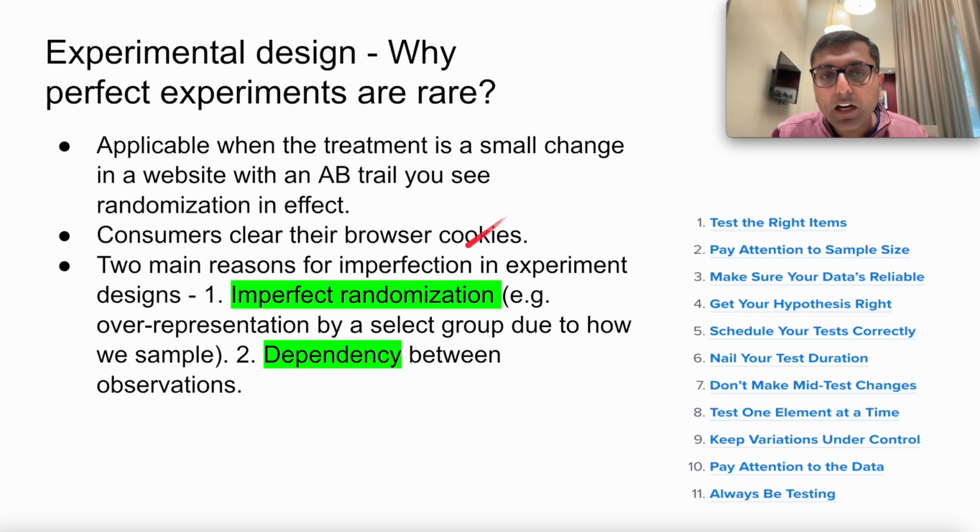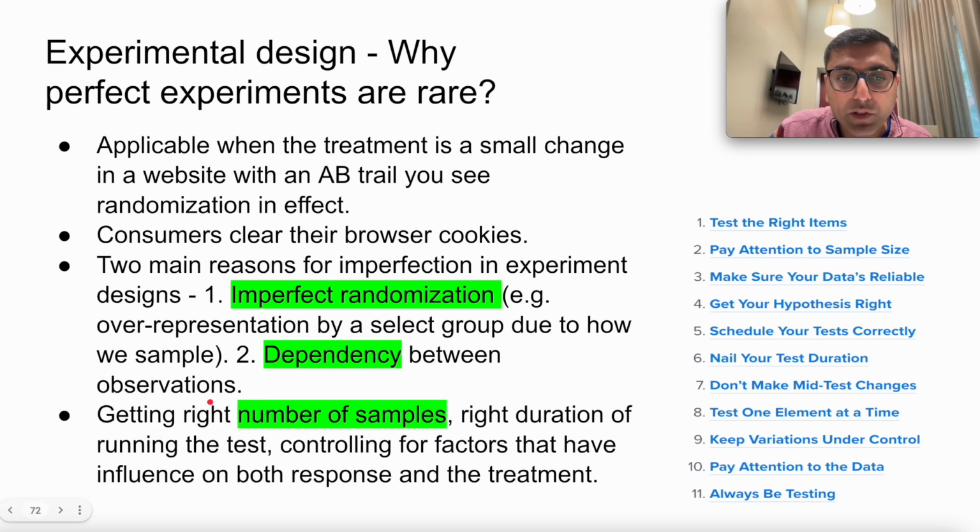And there's this piece around how do you get this perfect randomization. If you don't get perfect randomization, this whole setup doesn't get independence between those observed treatment and control groups, which leads to no direct causal link. And then there could be dependency between observations. So it has to have independence as the criteria, as we talked about.